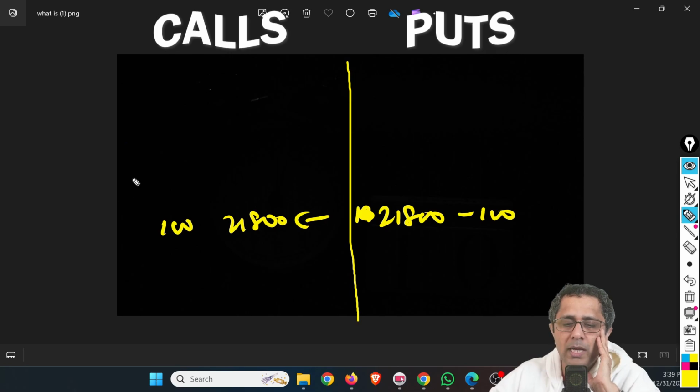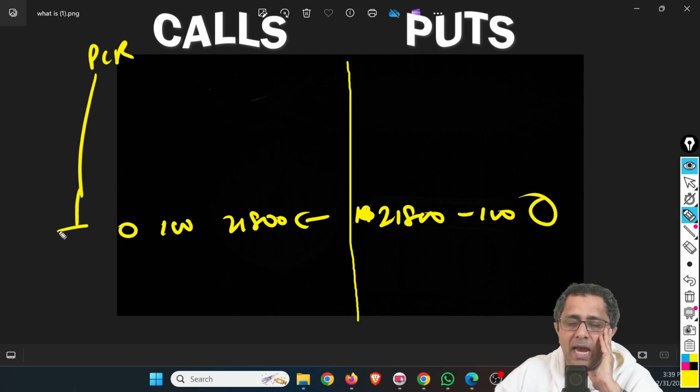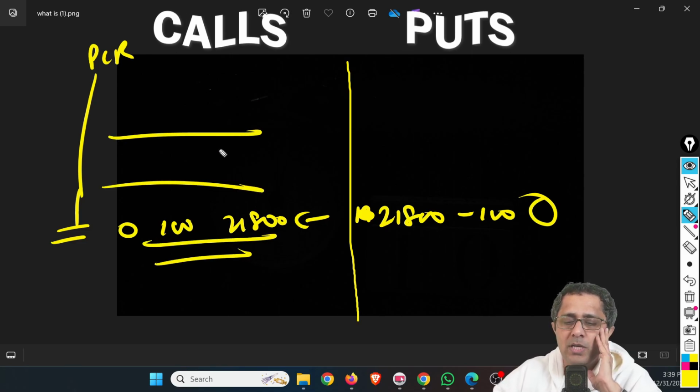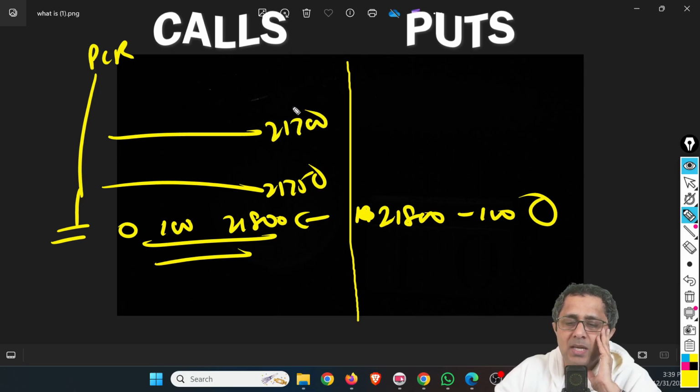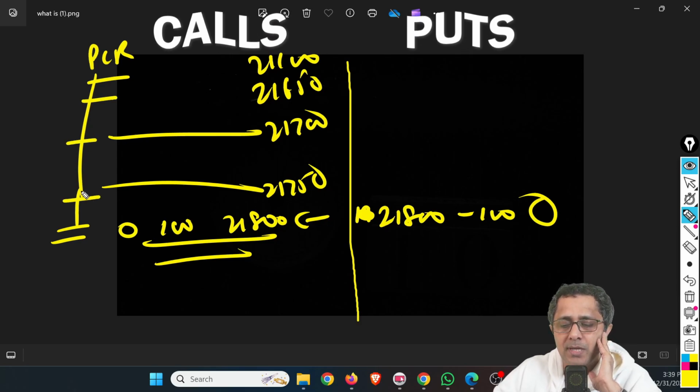On this you will get PCR here. PCR means total number of puts for this strike price versus calls, and you will get the PCR right away for each and every strike price: 21,750, 21,700, 21,650, 21,600. For each and every strike price you will have a separate PCR also.